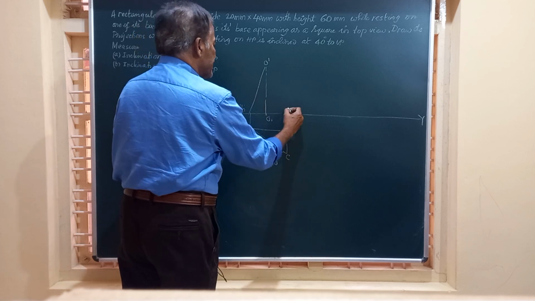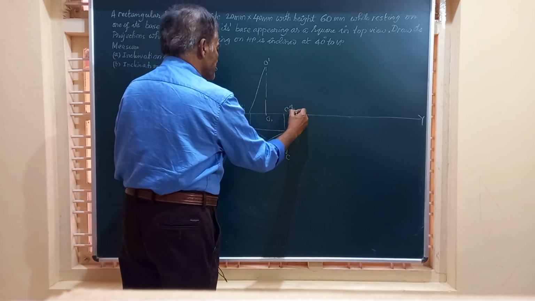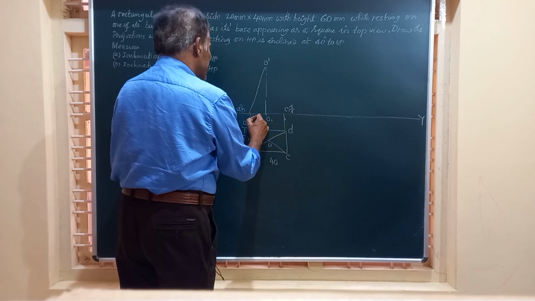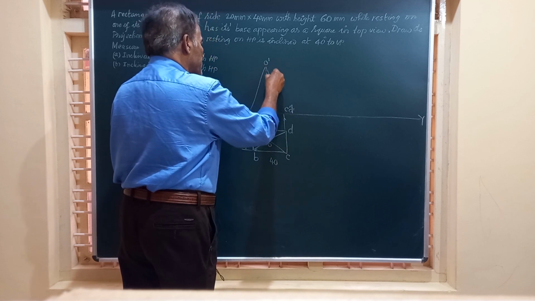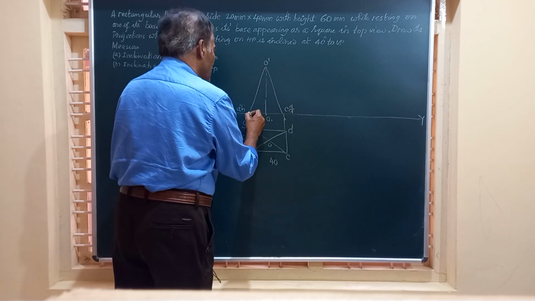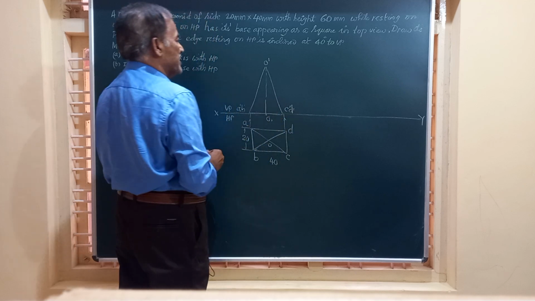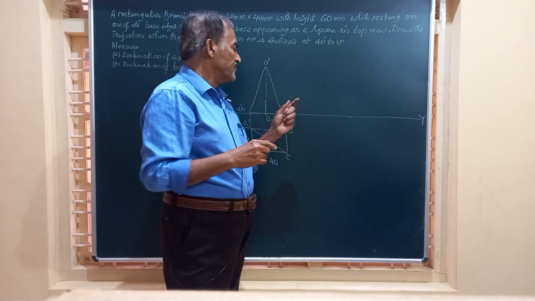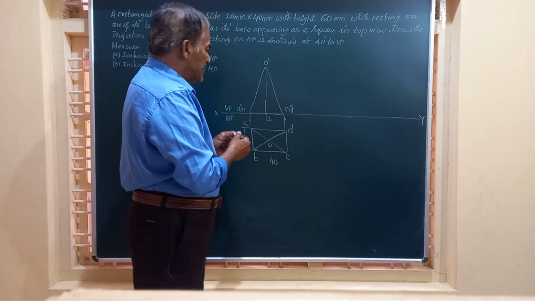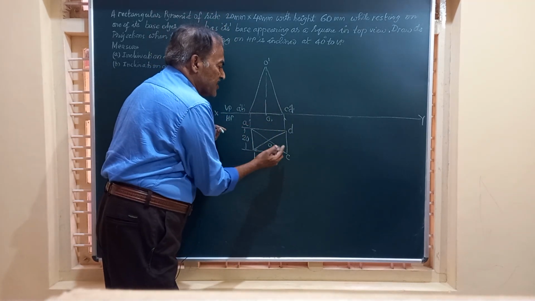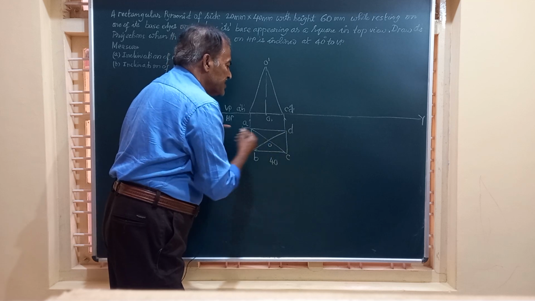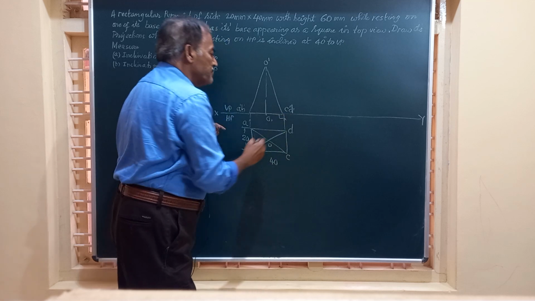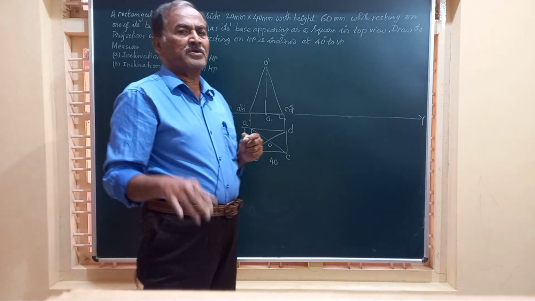Likewise here you got C dash D dash, obtained like this, to be joined to this vertex O dash in the same way, and this is the base of the solid. Friends, we have got the top and front views of the pyramid while resting on its base on HP with the shorter edge, say CD, perpendicular to VP.